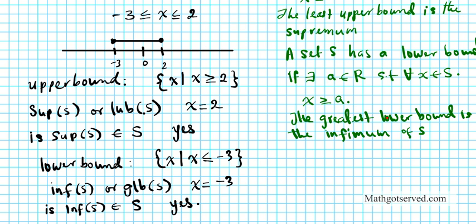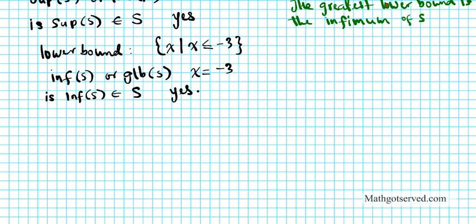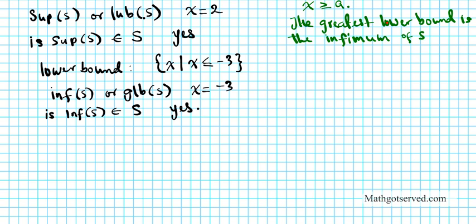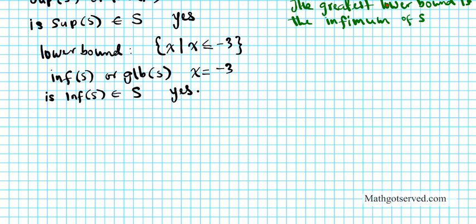When you're doing supremum or infimum examples involving real numbers, it's very easy to work them out. Let's take a look at a case now where we're dealing with a smaller subset of numbers, the rationals. So example 3: we're going to do the same process, but we're looking at a smaller subset.